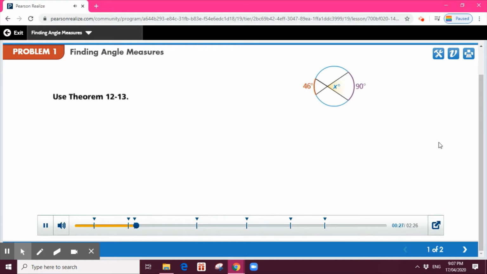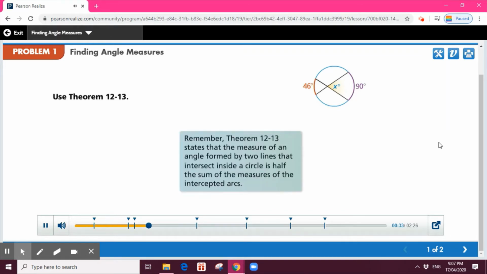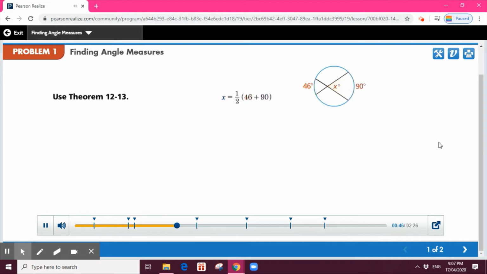Use theorem 1213. Remember, theorem 1213 states that the measure of an angle formed by two lines that intersect inside a circle is half the sum of the measures of the intercepted arcs. Now simplify. So x equals 68.